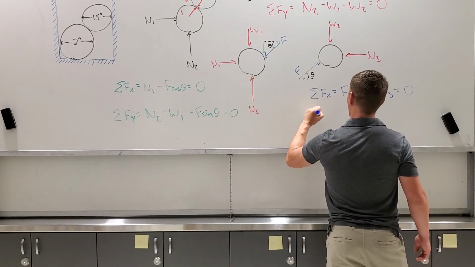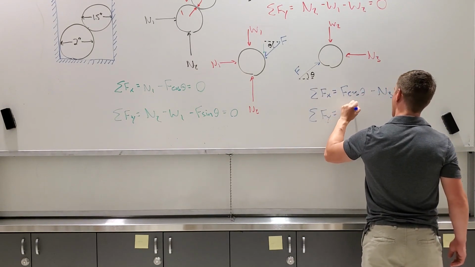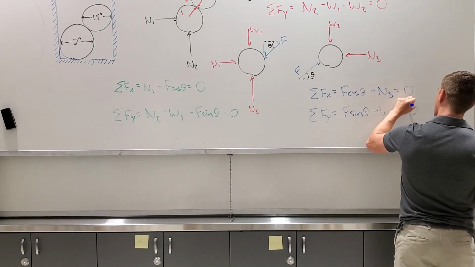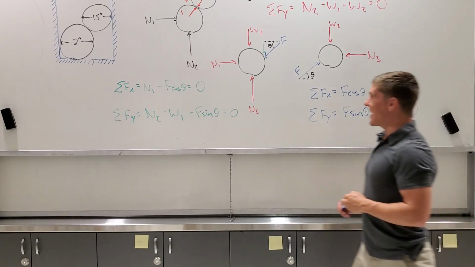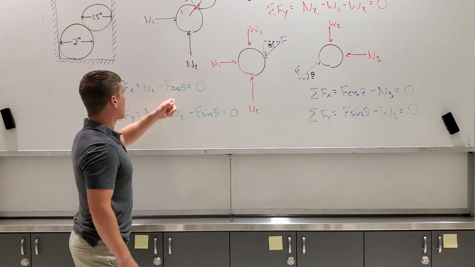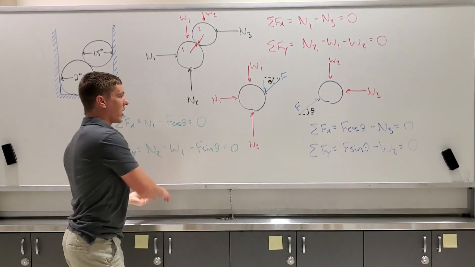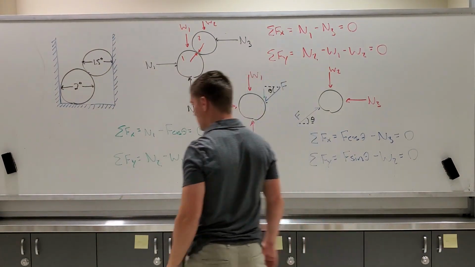And the sum of my forces in the y direction is an F sine theta, which is positive because it's upward, minus W2 equal to 0. Okay, so this is where we get into the linearly independent portion of this concept, because we have 1, 2, 3, 4, 5, 6 different equations.